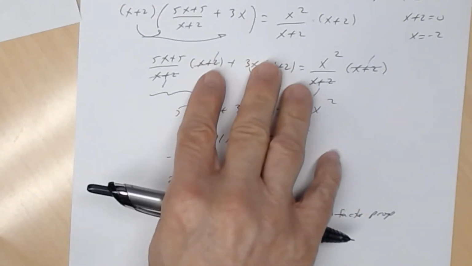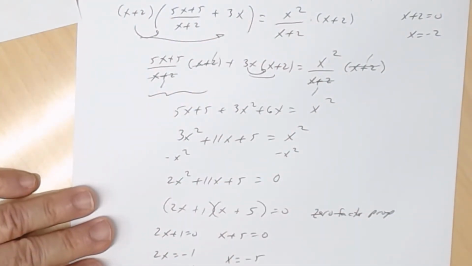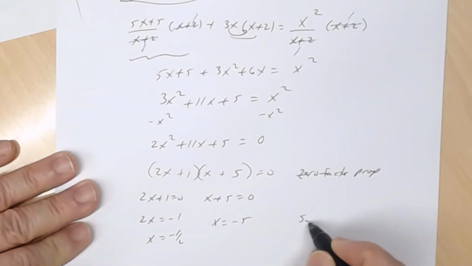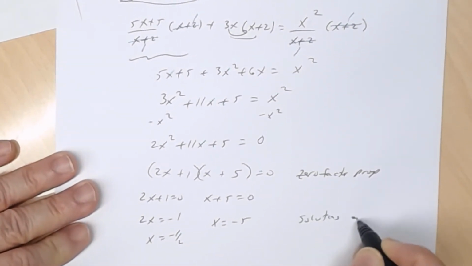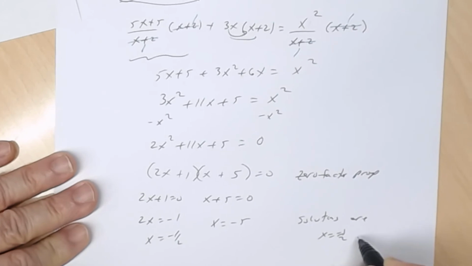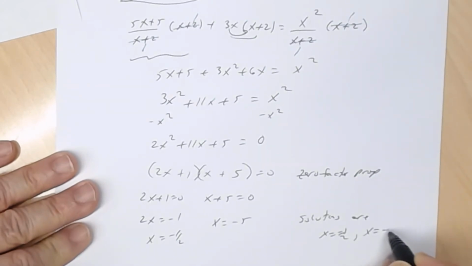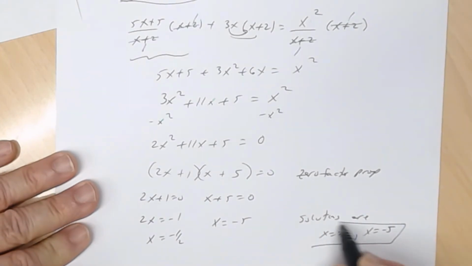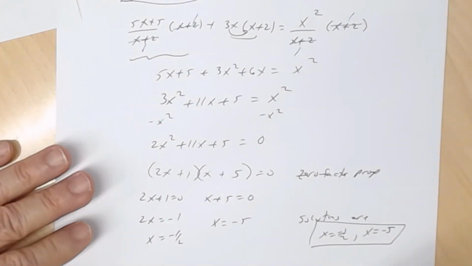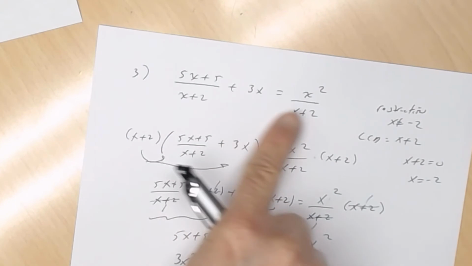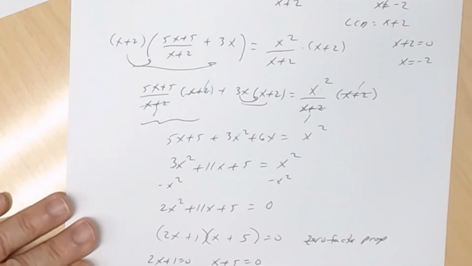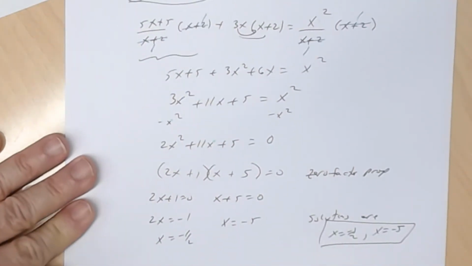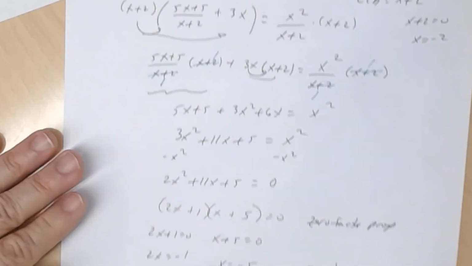So if you think you did all this work correct, then those are your solutions. So my solutions are x equal negative 1/2 and x equal negative 5. Those are your solutions. Okay? Now, if you want to really check, though, you go back to the original, and where we see the variable, you're going to substitute these numbers. Okay? All right.